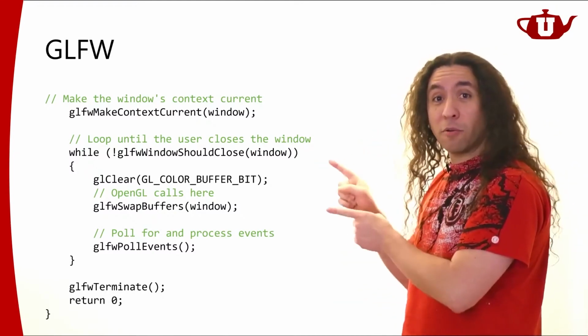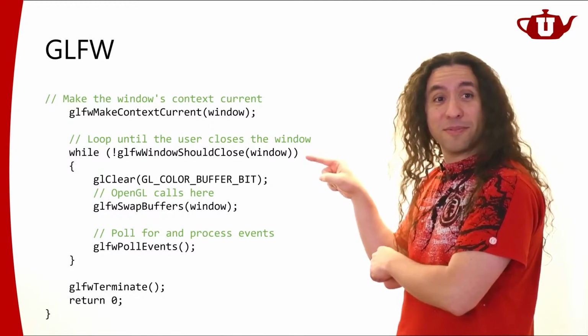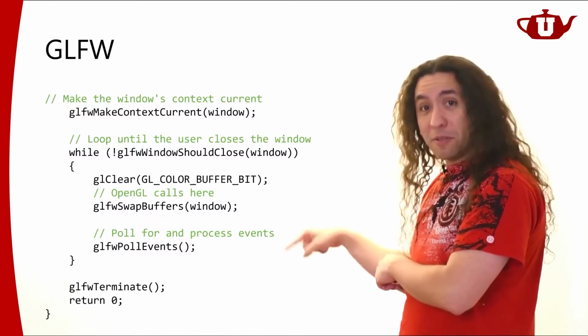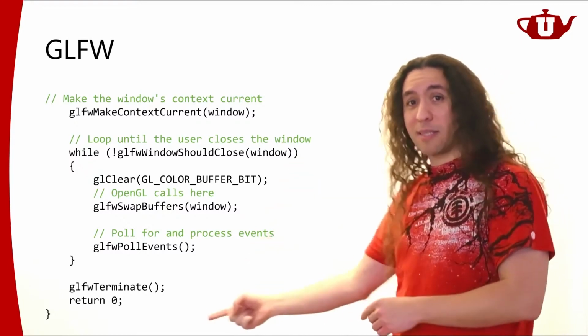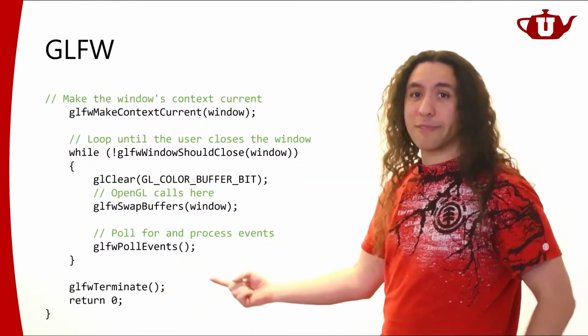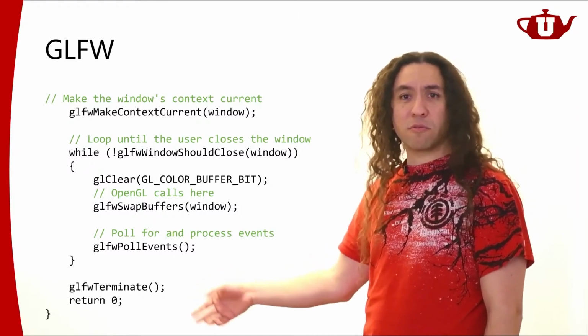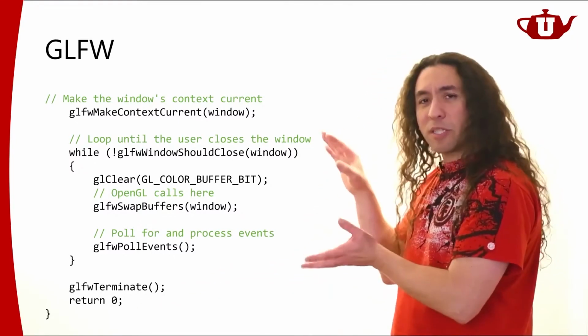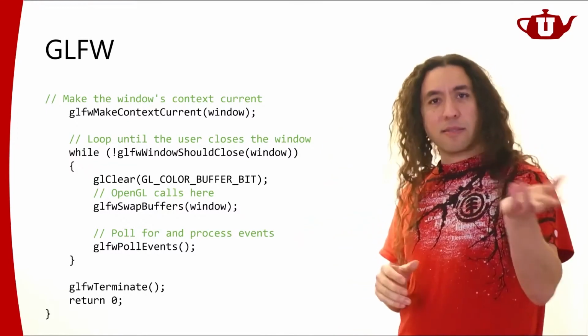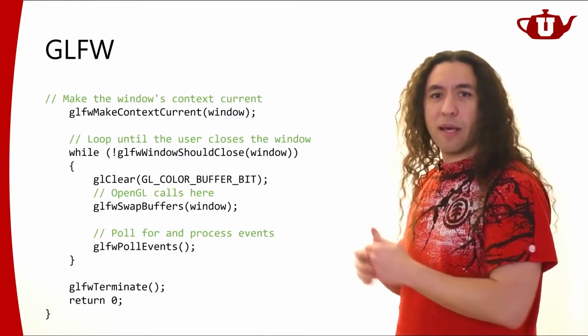You actually write your own while loop. Okay, there's a while loop here. Your application is running inside that loop, and when you exit that loop, you terminate. You call this terminate just to clean up things, and then you return. So it's just this particular API handles this looping concept a little bit differently.